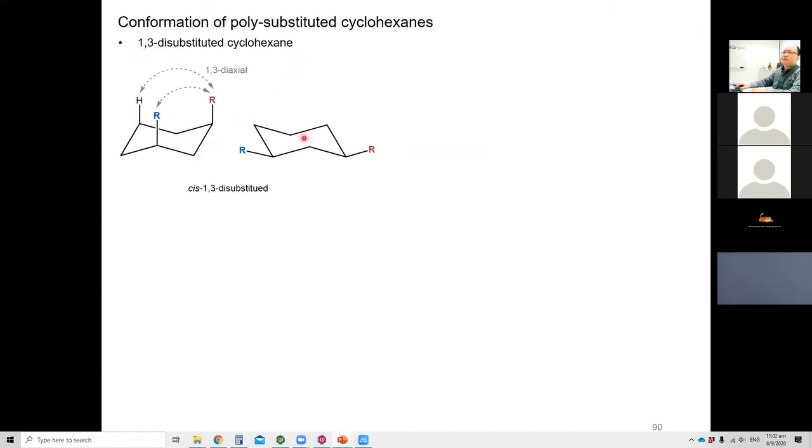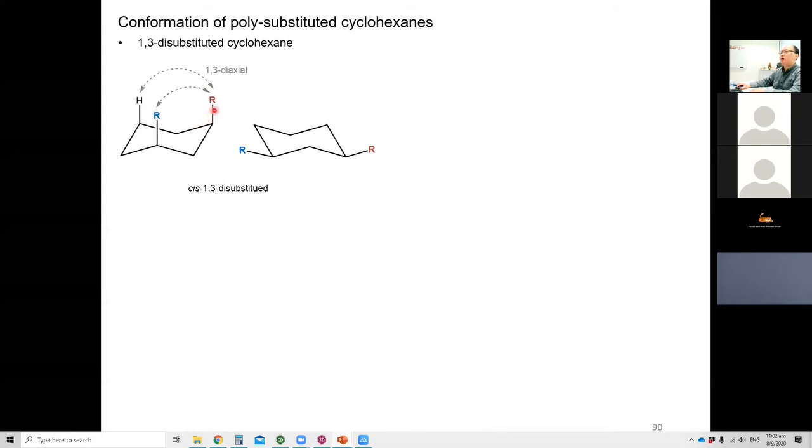There are two conformers for that, and you can draw them, right? If it's cis-1,3, that means if one R is axial, the other R is also axial. Now you have 1,3 diaxial interactions, not only between these two R groups, but also between this red R and H, and the blue R and H, because they are all in 1,3 positions.